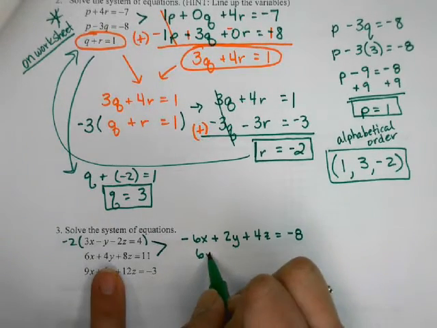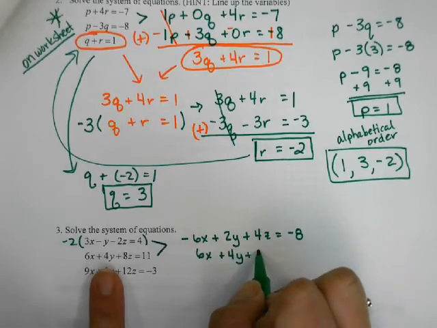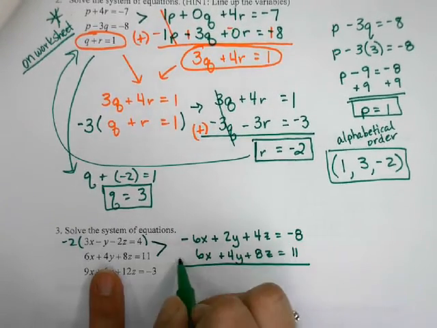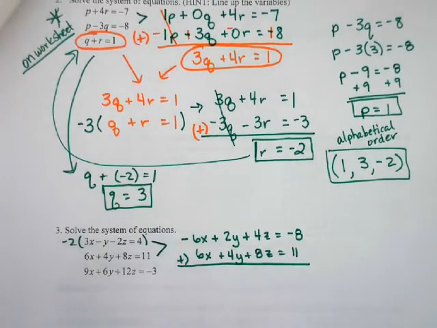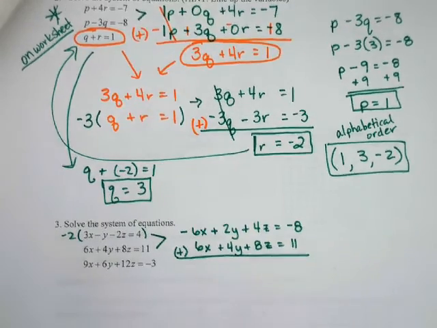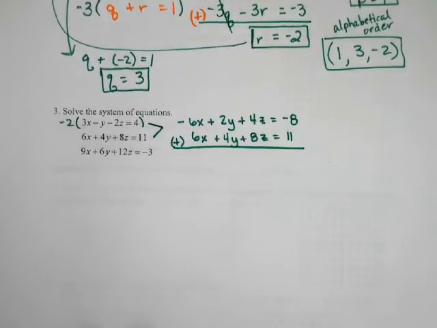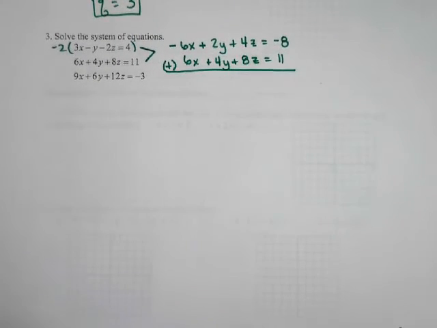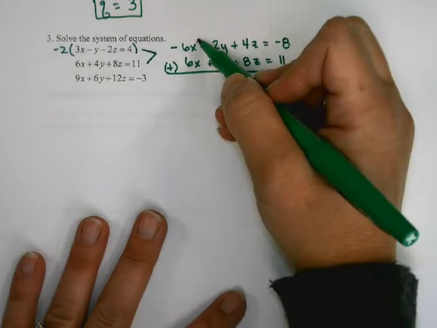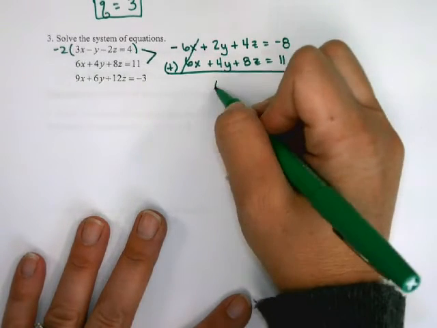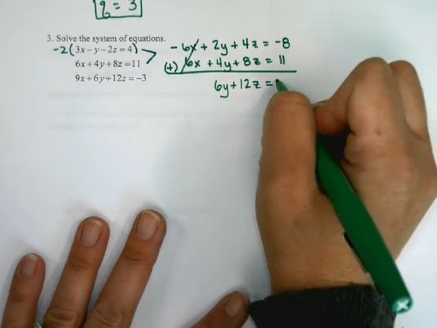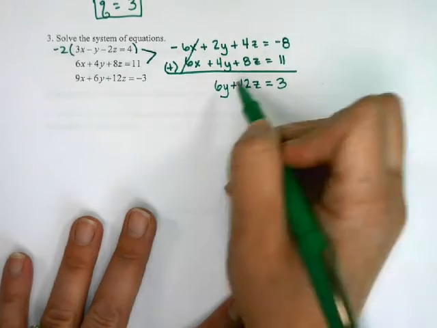So then I have 6x plus 4y plus 8z equals 11. Okay, when I add them together, my x's are going to cancel, so I get 6y plus 12z equals 3. Circle it.